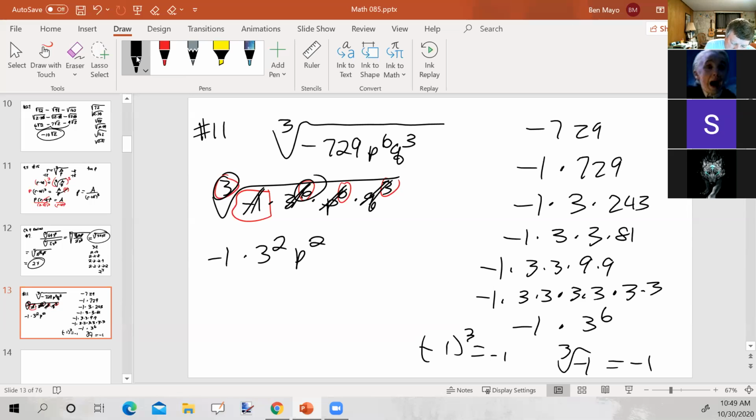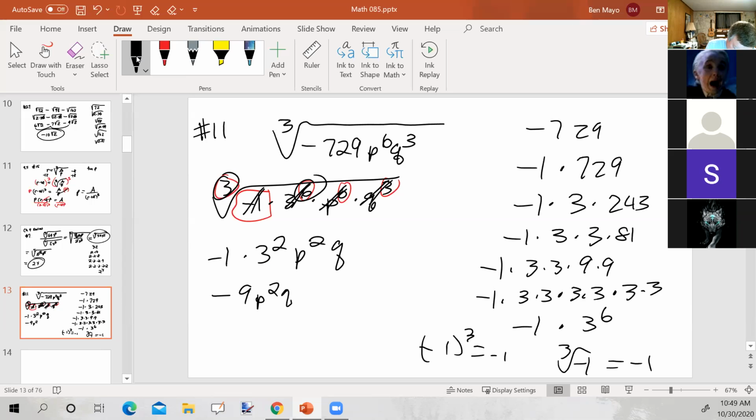And the cube root of q cubed is q, which gives me negative 9 p squared q as my final answer. Let's see. Number 18 coming up next. We good to go? Any questions?